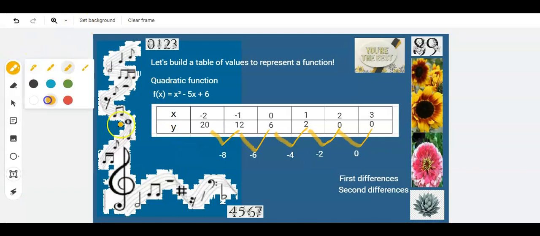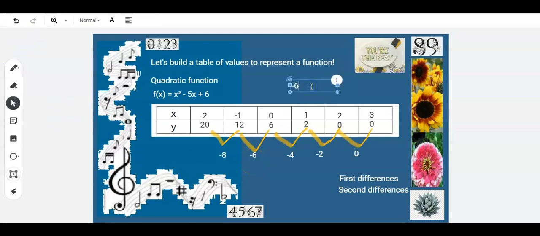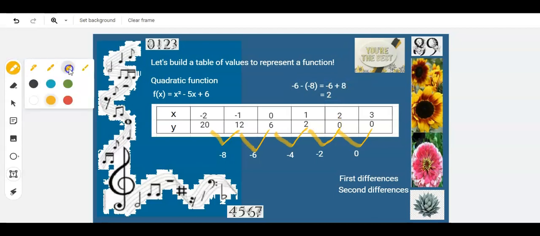Alright, so let's start. Negative 6 minus negative 8. When two negatives come in a row, it becomes positive. So, negative 6 plus 8, that would be 2. Right? Okay.